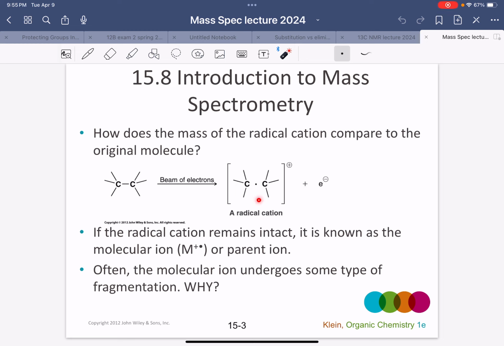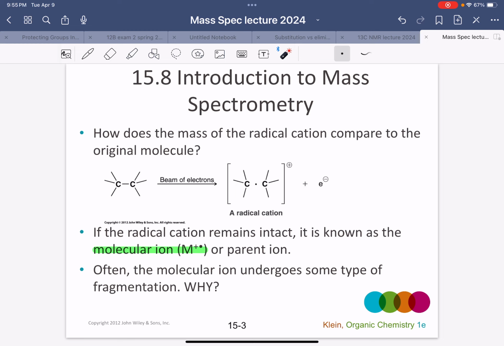So our radical cation will have the same mass as the original molecule. And we refer to that as the molecular ion, or M plus ion. Okay, so M here referring to the molar mass of the original compound, plus referring to the charge on the ion.